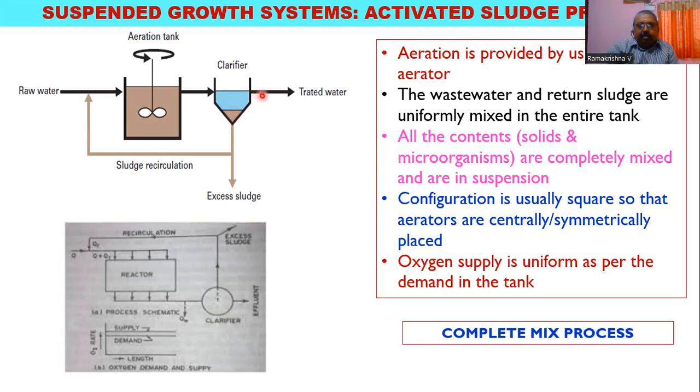The clear water will be taken out separately, and all the solids are collected at the bottom. Because some amount of active life is still remaining for the microorganisms, we will try to recycle it.